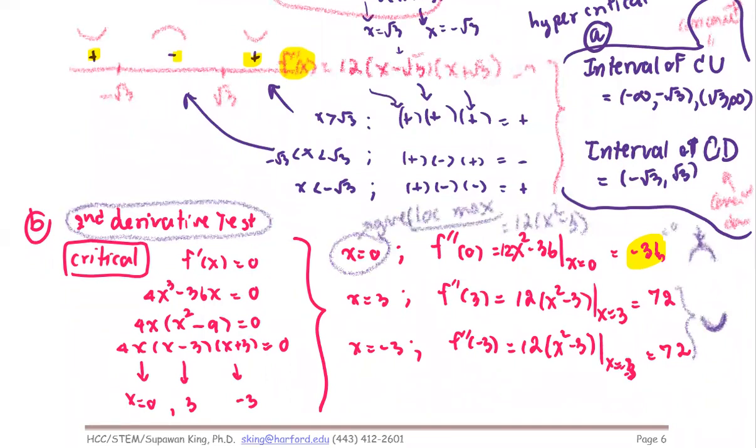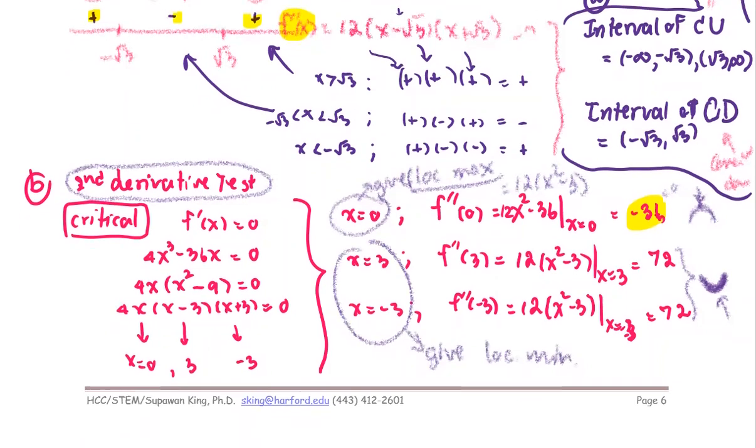Okay, it's kind of the opposite way, right? And then for f double prime positive, the graph is concave up, and we see the lowest point of this icon. So these 2 points gonna give the local minimum value. Okay, this is the use of the second derivative.